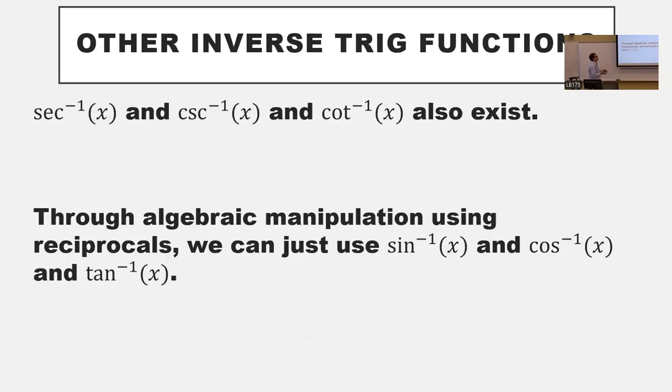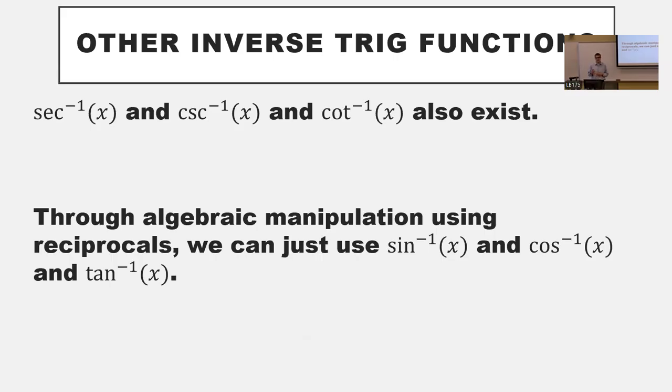And if you want to, you can do inverse of secant, inverse of cosecant, inverse of cotangent. Those we don't really have to deal with a whole lot because we can always algebraically manipulate cosine, sine, and tangent through reciprocals to figure out secant, cosecant, cotangent.